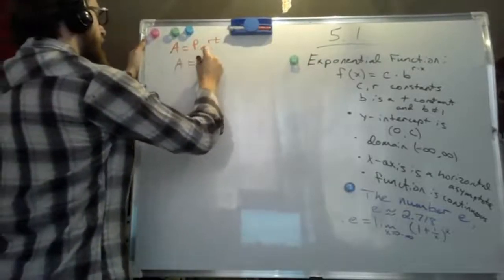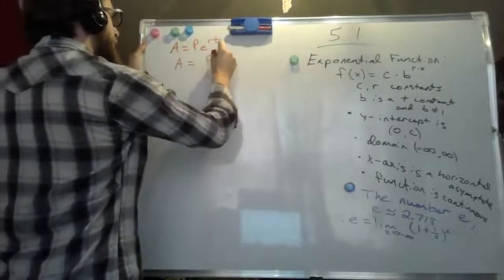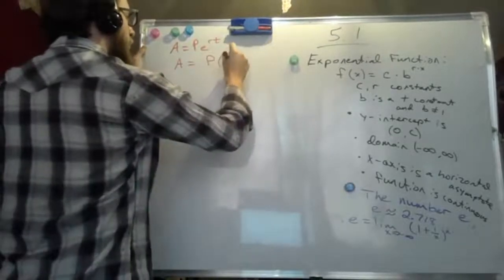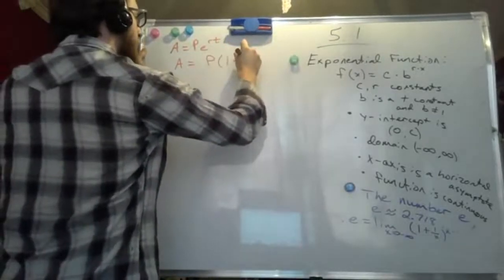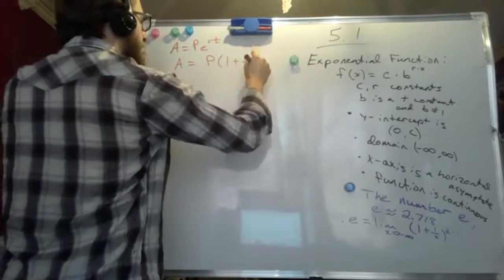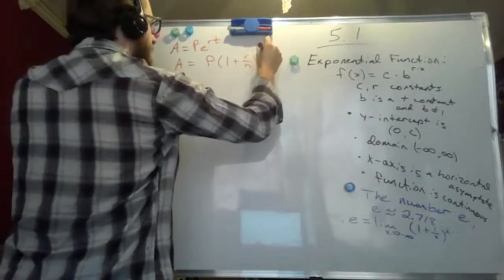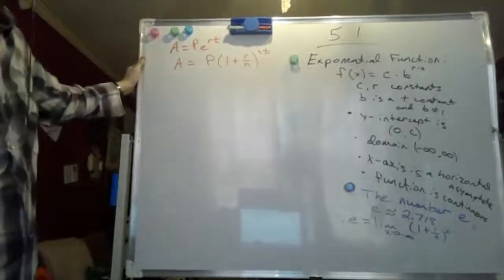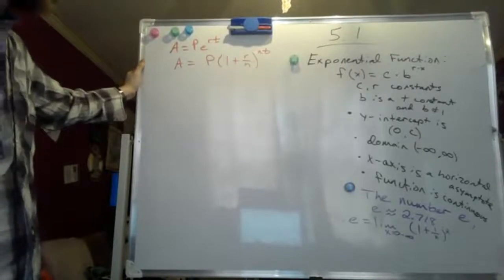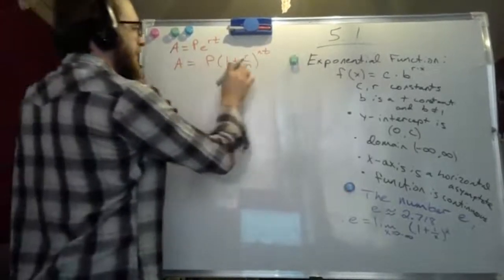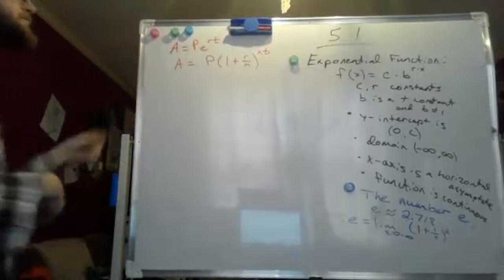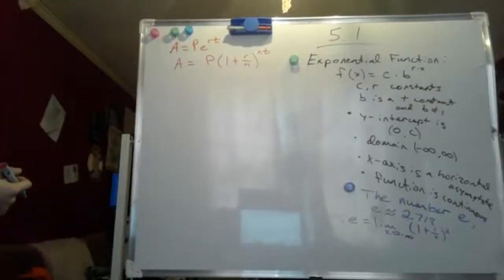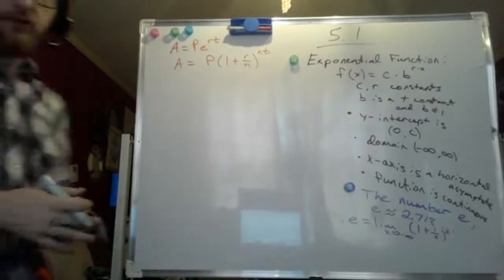And then we have A is equal to P times (1 plus R divided by N) raised to the NT. And this is for compounded n number of times. So there we go. These are the two equations we're going to use.